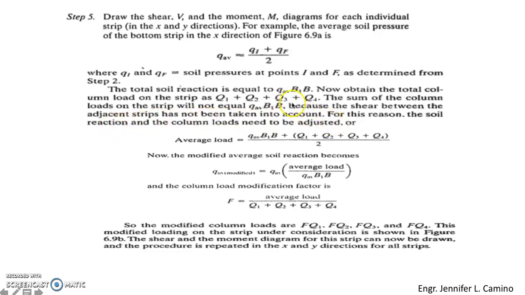Since Q average B1 times B is not equal to Q1 plus Q2 plus Q3 plus Q4, we have to make some adjustment.